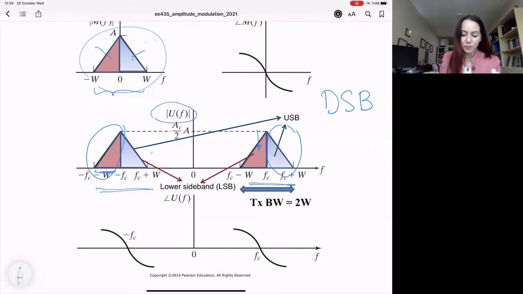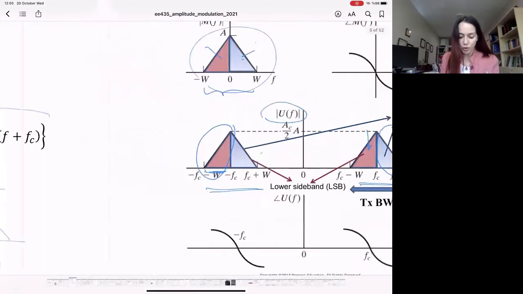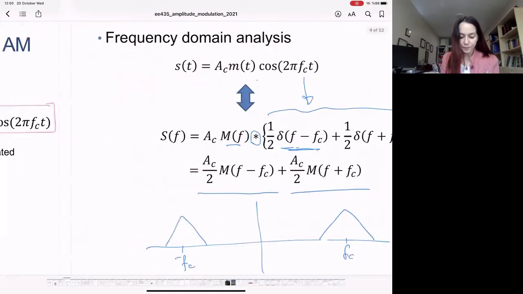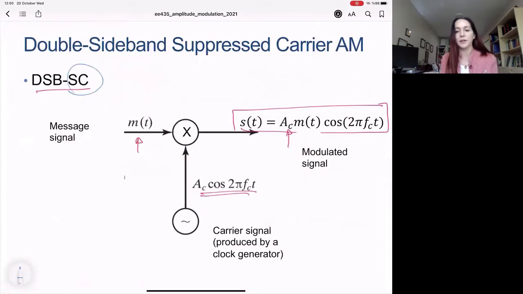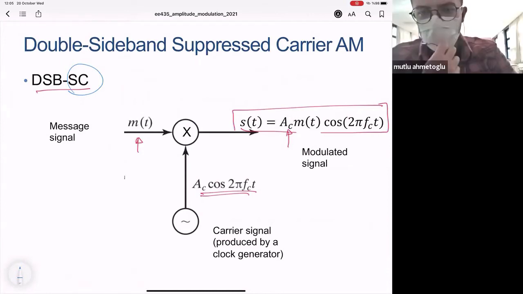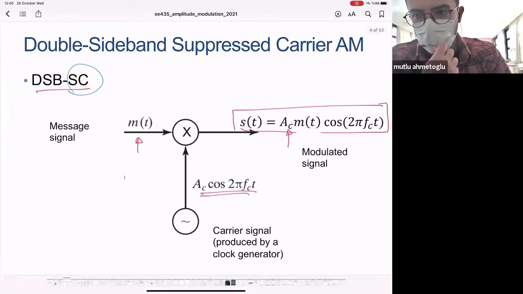Some of you may be thinking, the modulation type is called double sideband suppressed carrier. What does suppressed carrier stand for? Any ideas? The carrier itself is not transmitted with the original signal.